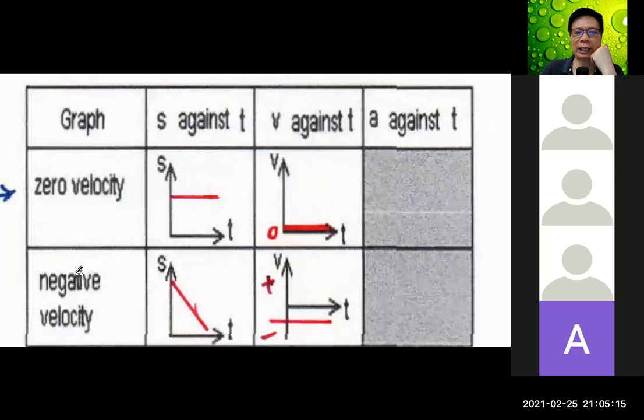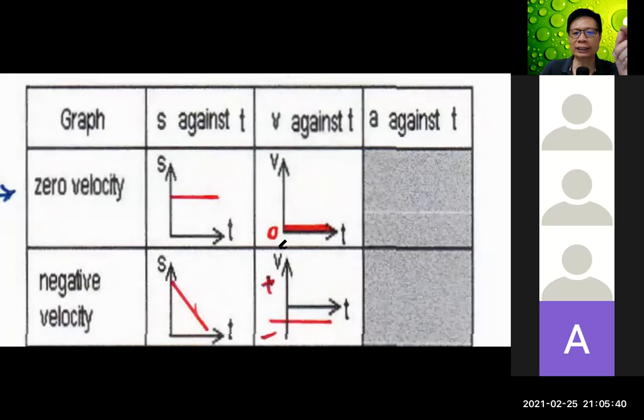Then next is negative velocity. Negative velocity means negative gradient. You draw a line going downhill, because the gradient is velocity. When velocity is negative, the gradient must be negative. Negative velocity means moving in the opposite direction.